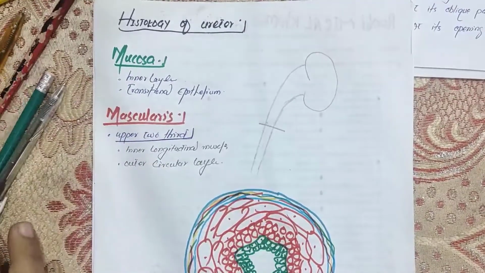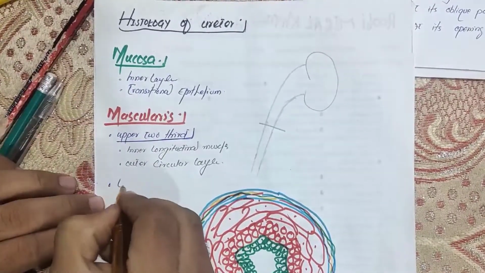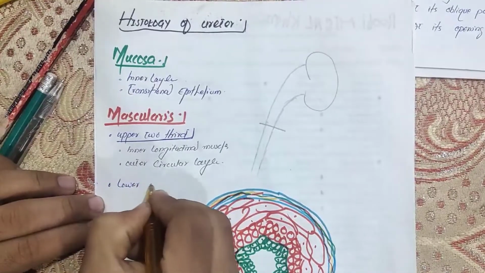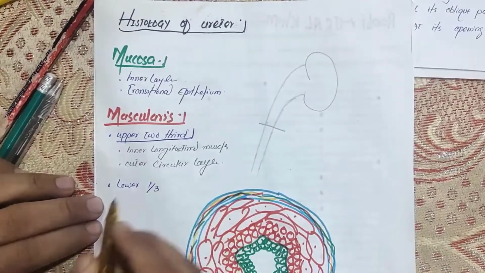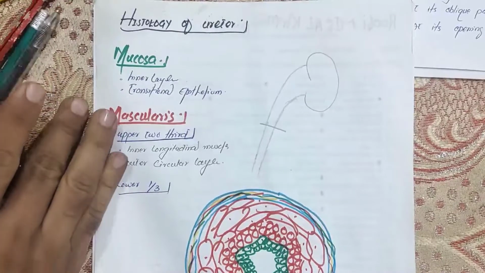And then about the lower 1/3 of your ureter, what is there?